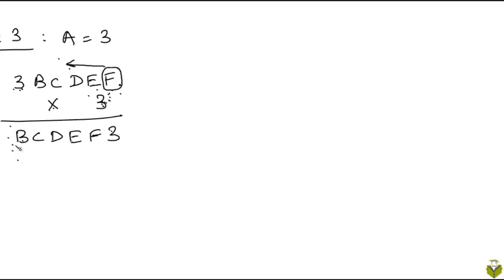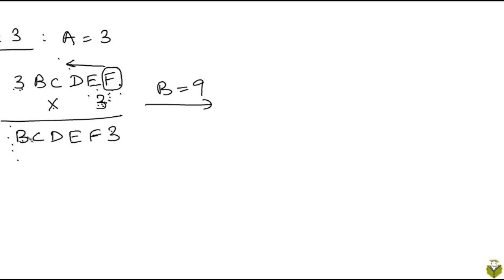We do have exactly 6 digits in the product. We don't have an extra digit here. So that means this 3 multiplied by this 3 must yield a 9 over here. So B must be a 9.